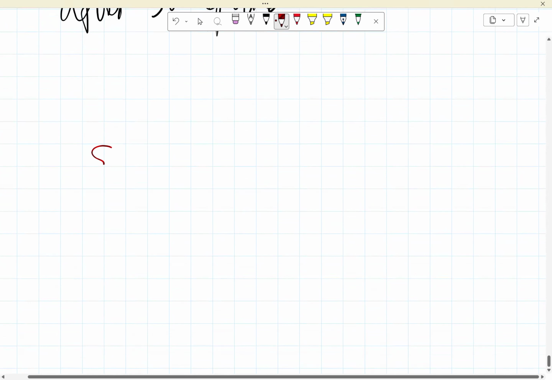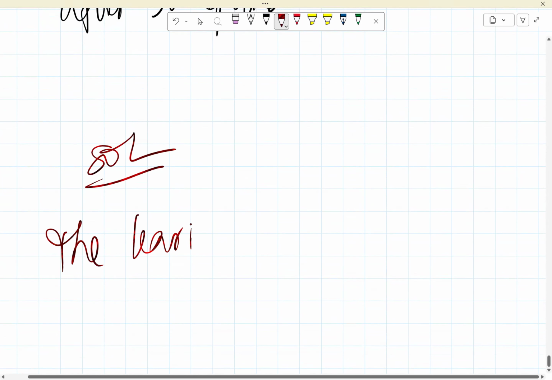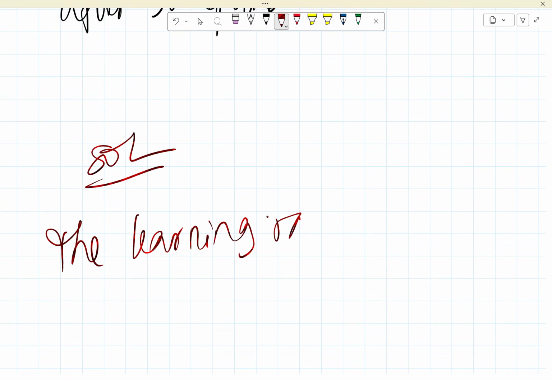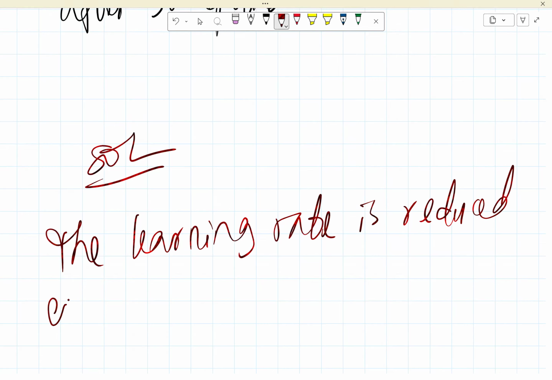Here the solution is this. We know the learning rate is reduced every 10 epochs.